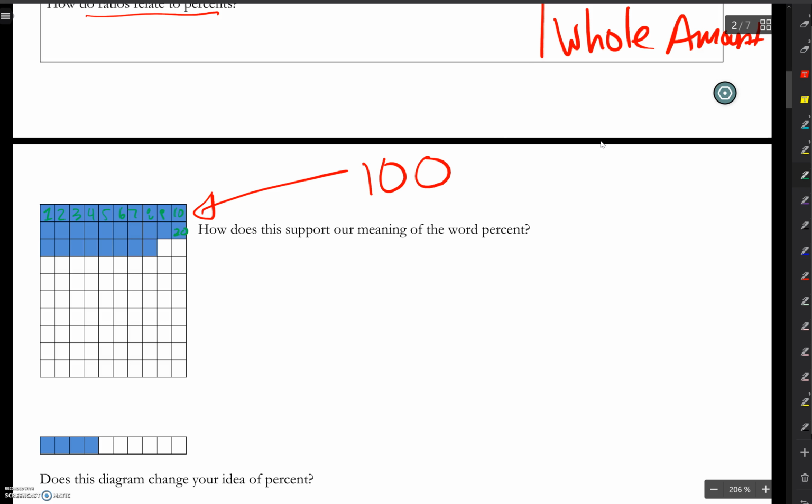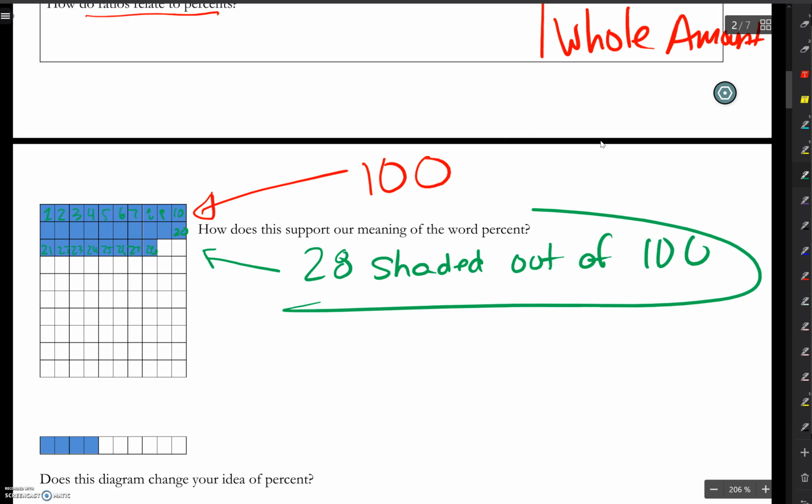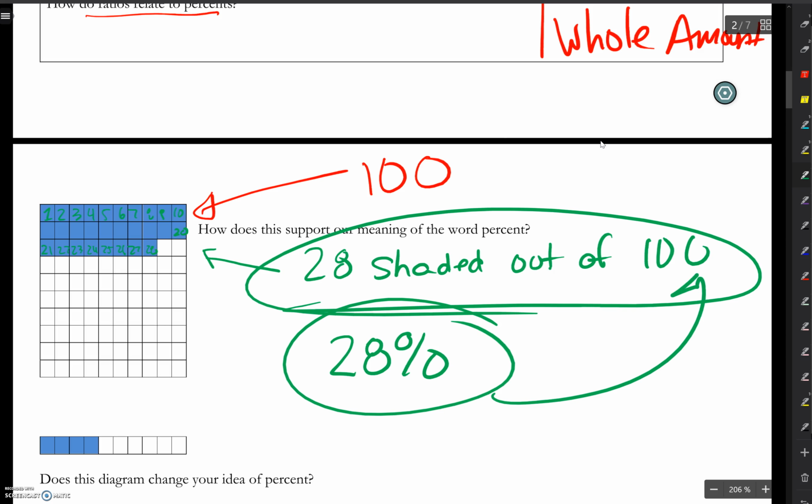So that means there's 20, and there's 21, 22, 23, 24, 25, 26, 27, and 28. That means there's 28 shaded out of 100. So this would be 28% since it's out of 100.